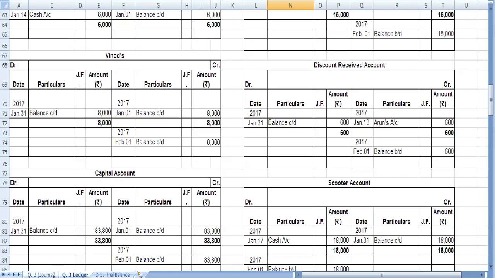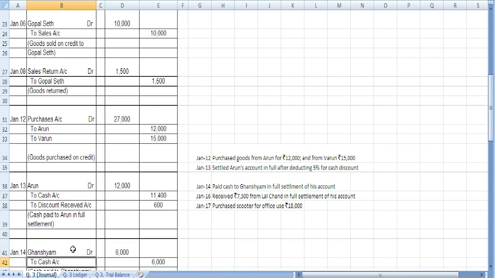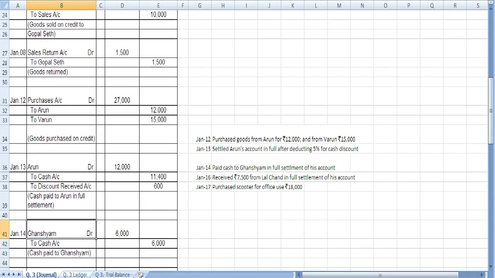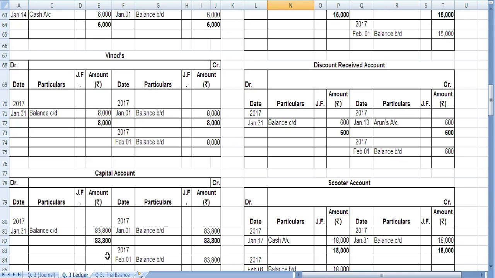So we'll keep on doing. Then we have Ghanshyam to cash. We'll go to Ghanshyam, and we'll write to cash in Ghanshyam.